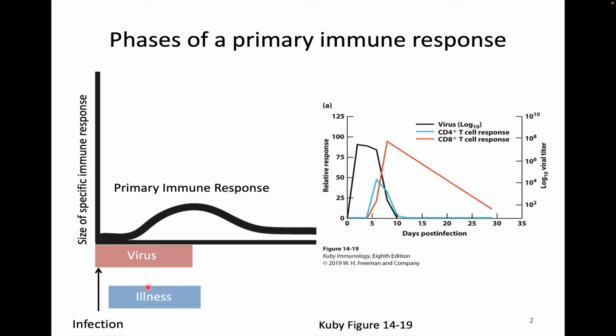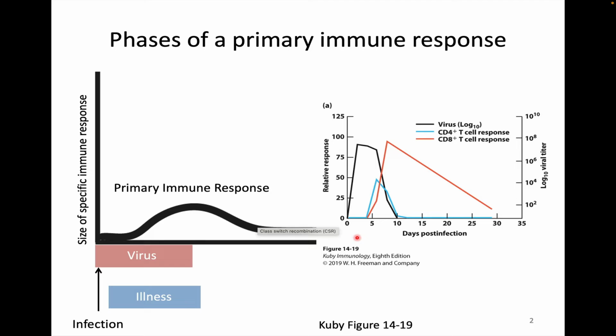That will also lead to some illness because of some of the damage that will be coming from that virus. And eventually our adaptive immune response will start to come up. And we've talked about some of the reasons for the delay in that response. And then eventually that primary immune response will actually come down.